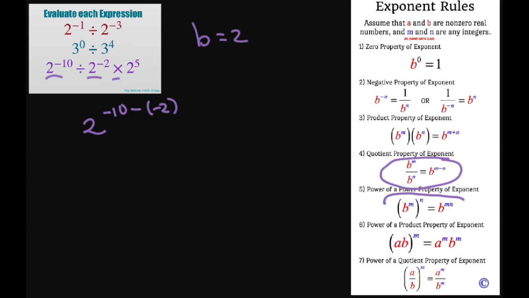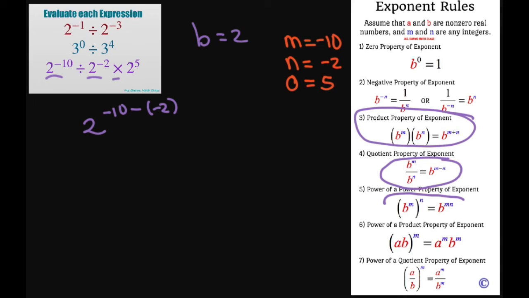Now with the times, we're using the product. So in our case, what we really have is m equals -10, n equals -2, and you could say o equals 5. So for the product, that means you add. So we're just going to be adding 5.